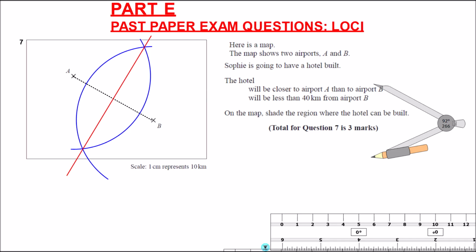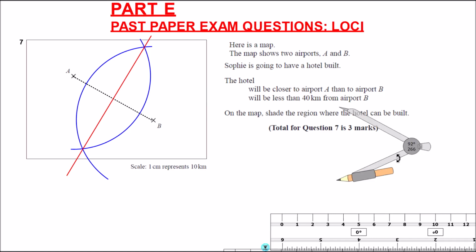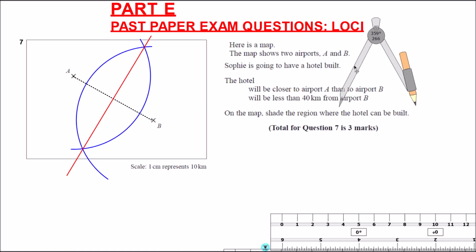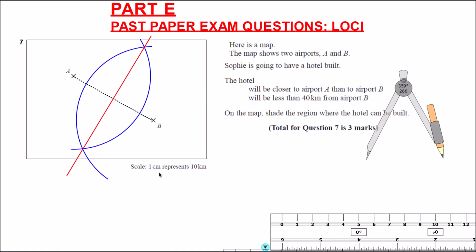We're also told, though, that this hotel will be less than 40 kilometres from airport B. So the final piece of this is, because 1 centimetre represents 10 kilometres, we need to think how much we need on our diagram for 40 kilometres. And so 40 kilometres will actually be 4 centimetres.